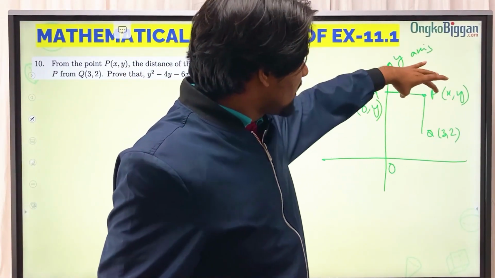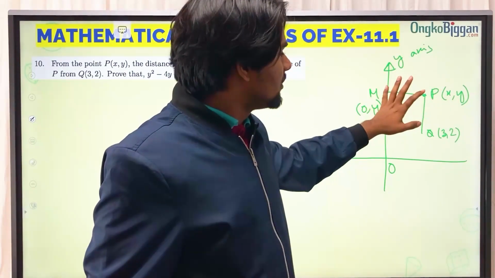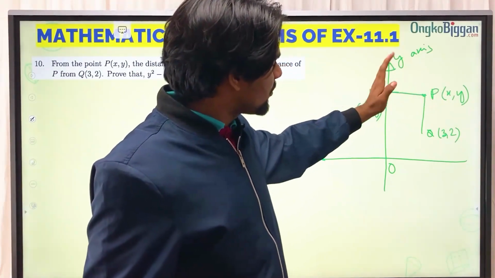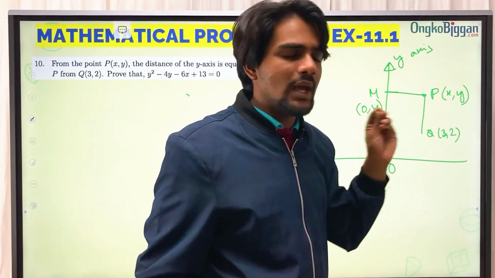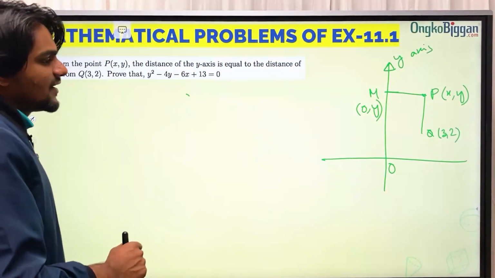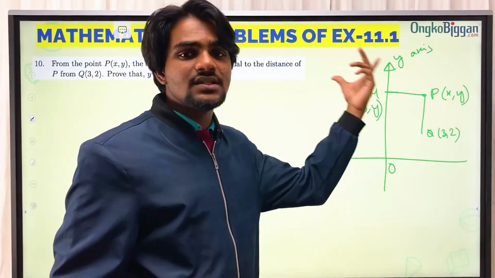We can assume that M is at a similar vertical distance from the point P(x, y), otherwise it will get very tough to solve the problem. So now we're going to work with PM equal to QM.